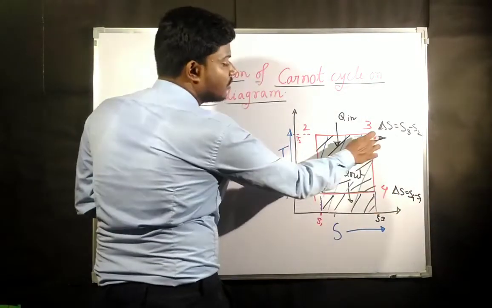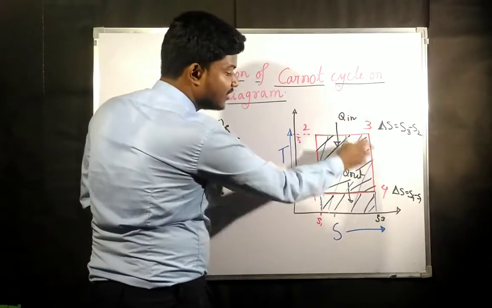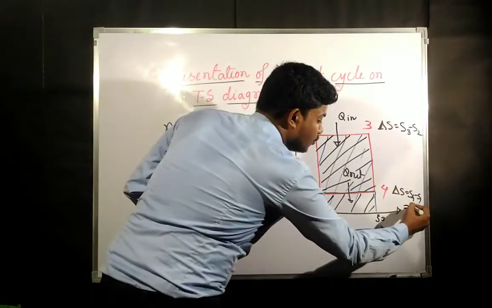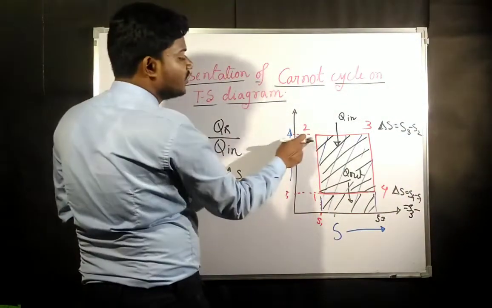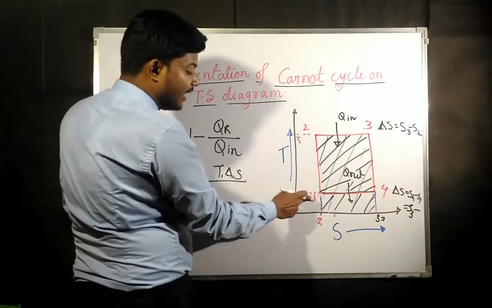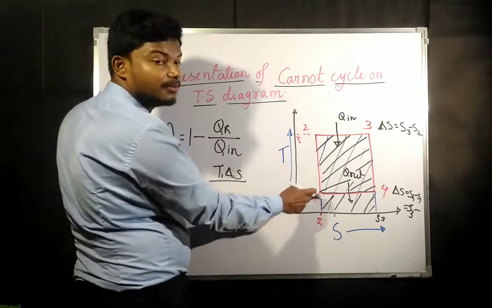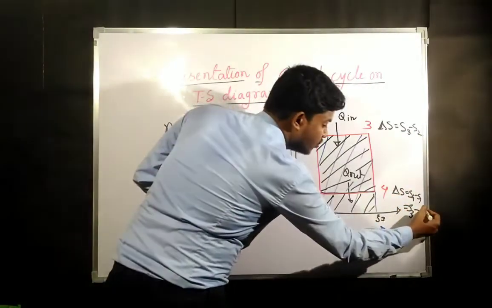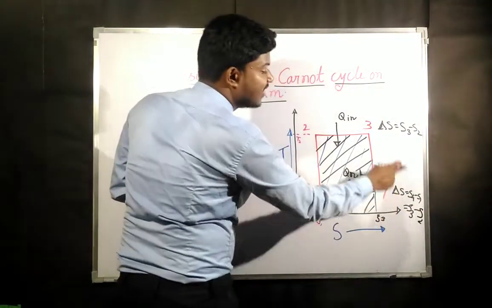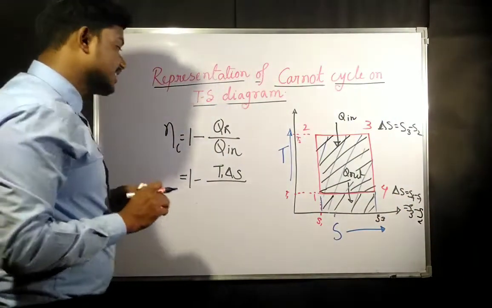Now S4 is equal to S3, since this line is isentropic, so it is going to be S3 minus S1. Again, S1 is going to be S2, since this line is isentropic, that means in this whole line entropy is going to be the same. So S1 and S2 are the same. That means this del S and this del S are the same.